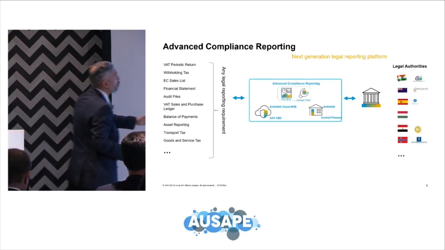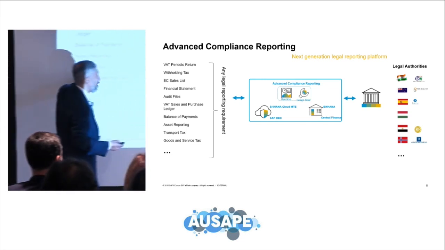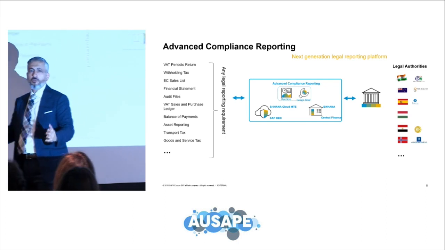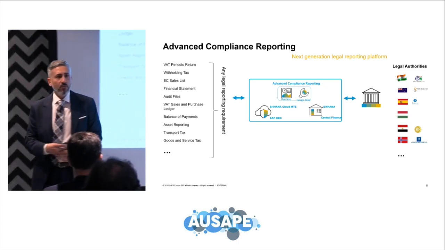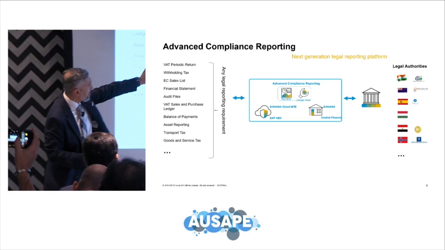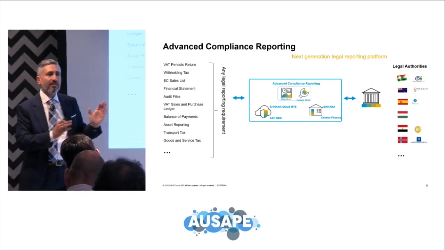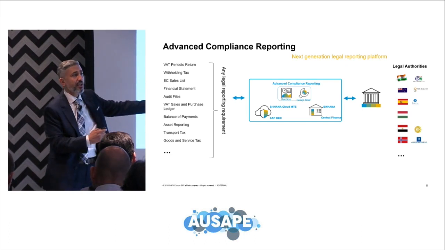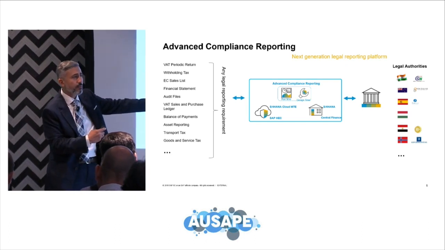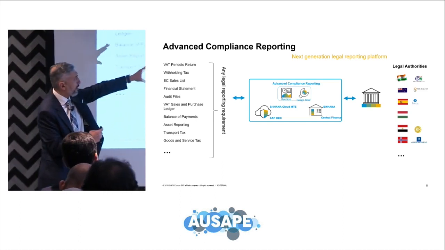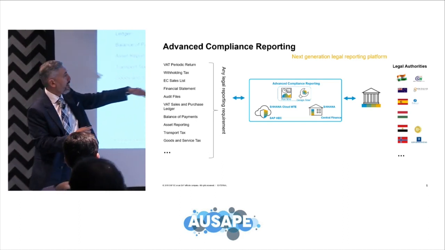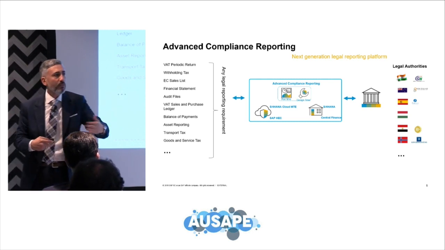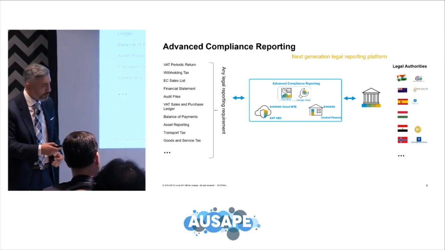And at every point of time, you need to take output from here and send it to the authority at whatever format the authority asking you for. And that's the reason why we come with this platform in the middle that fills this gap between how can I extract the data in the right format from the system, process it here, and submit it to the authority while being able to track whatever data has been submitted for future analysis.